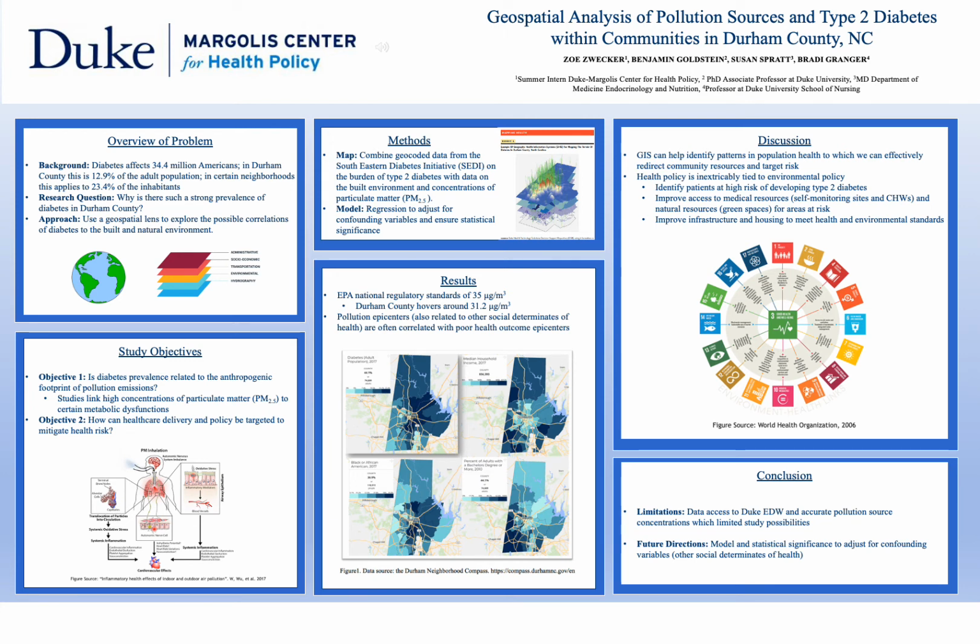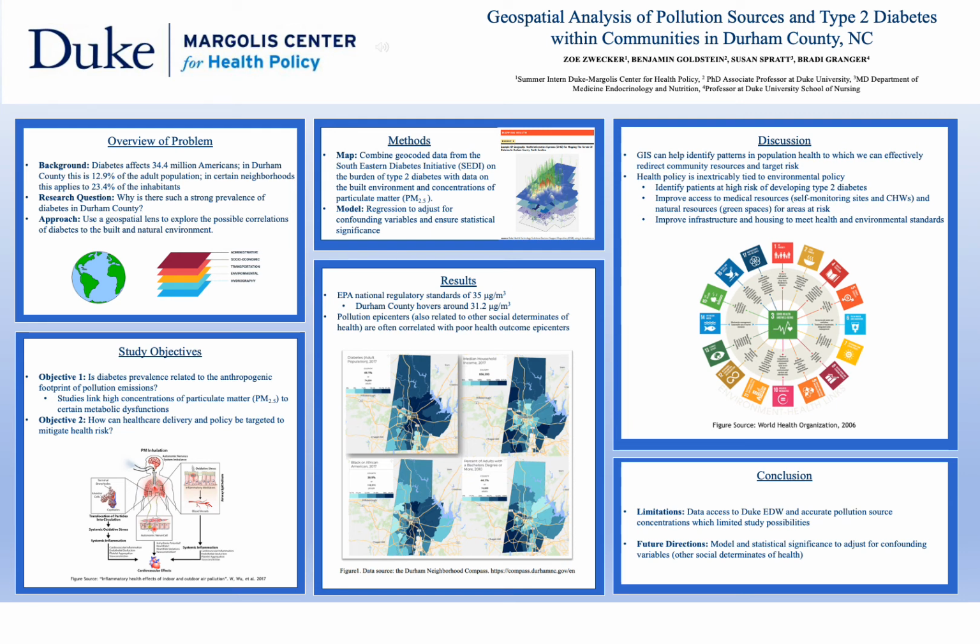So, as I mentioned, our major limitation was access to data. The Duke Electronic Data Warehouse, where all of the study data is stored, I wasn't able to access. And then also having access to really accurate pollution source concentrations would improve the study a lot.